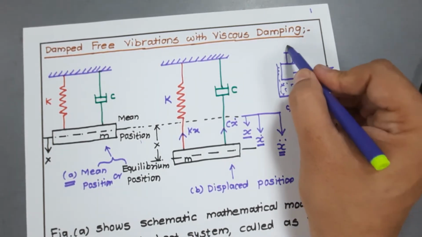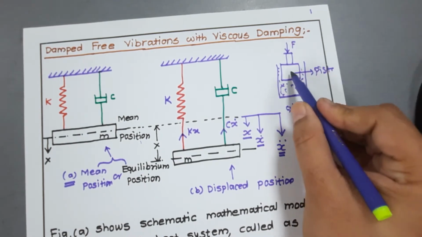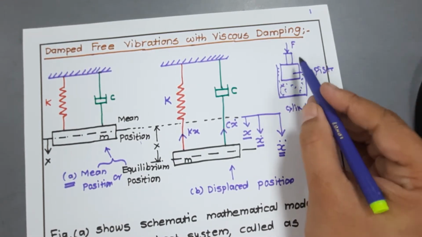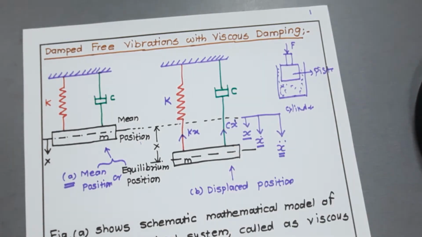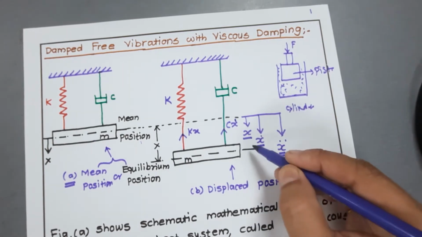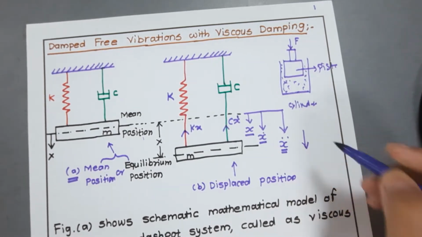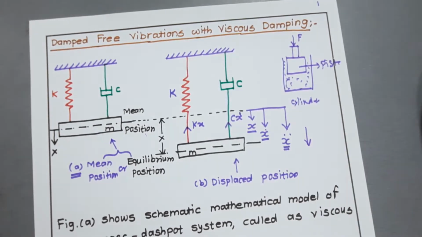So when the piston moves, a force is applied in downward direction, there is a velocity in this damper. The piston has a velocity, so here we will take the term x dot as the velocity. So as the body moves in downward direction, the inertia force acts in upward direction.